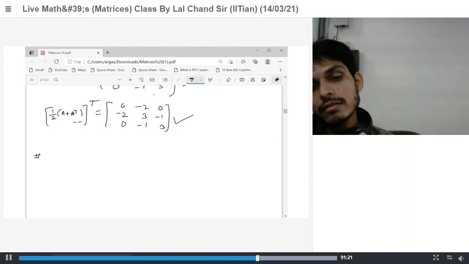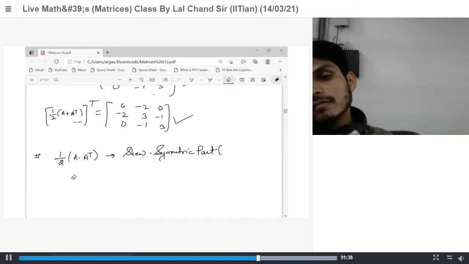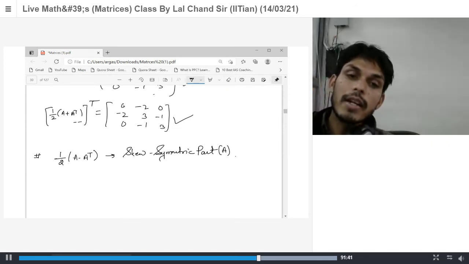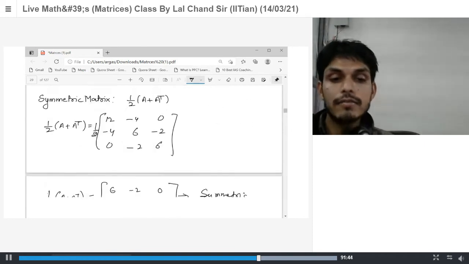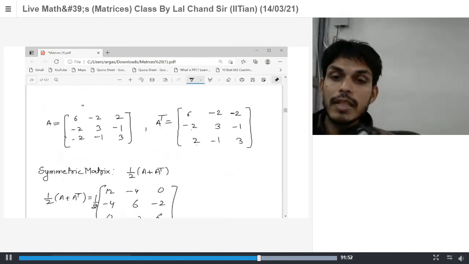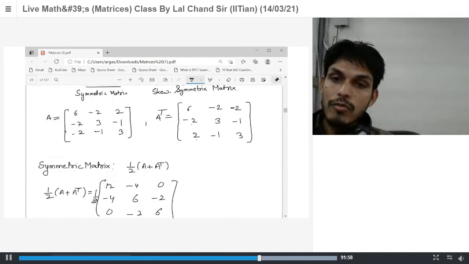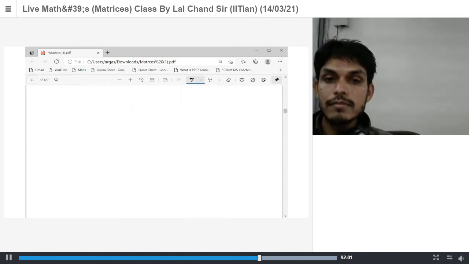So that is equal to half of A minus A transpose, isn't it? This is the skew symmetric part. Okay, so if I take the difference of these two matrices, we have 6 minus 6, 0. Minus 2, minus 2. So this will be finally 0.